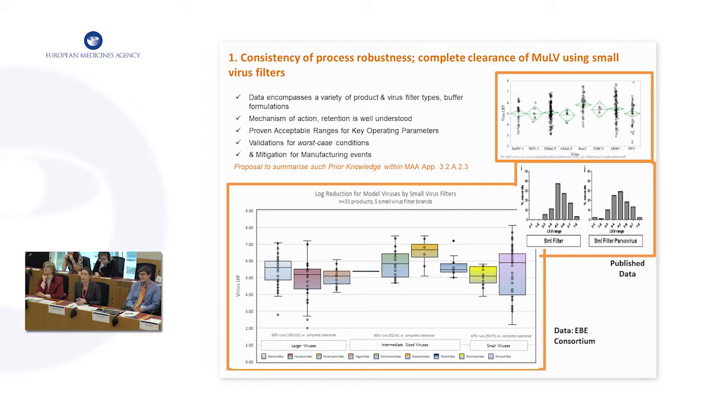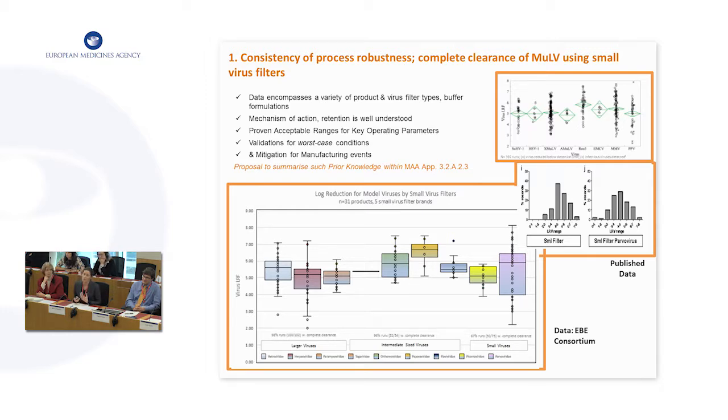Okay, so the consortium, obviously there's a lot of literature available in the industry that is previously published, and there's actually new data coming online all of the time, just to indicate just how robust these small or parvovirus retentive filters are for clearance of different virus types. And what the consortium has done in this instance is provide an evaluation of our own products across 5 different small virus filter brands. 31 products, for example, were evaluated.